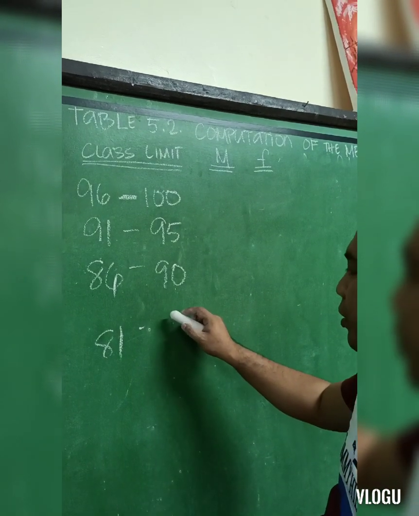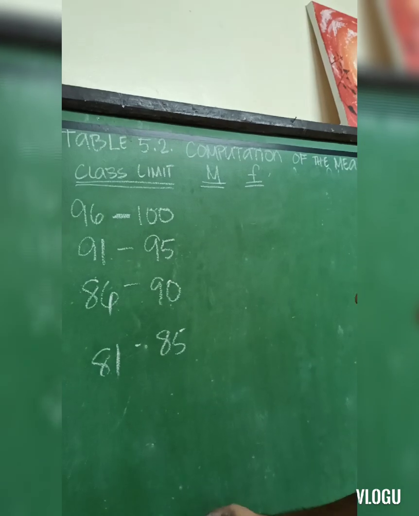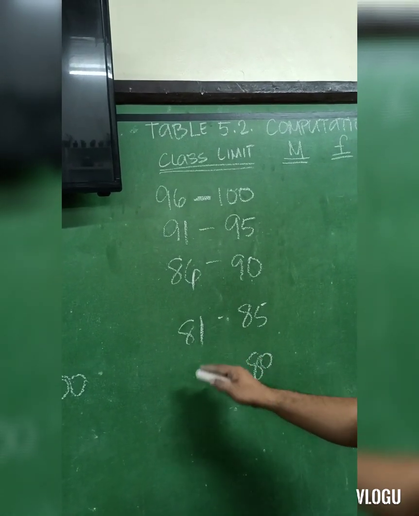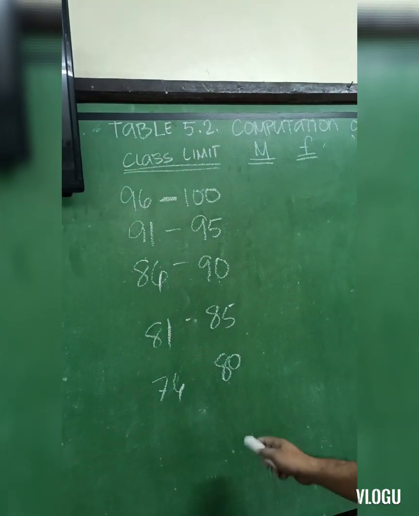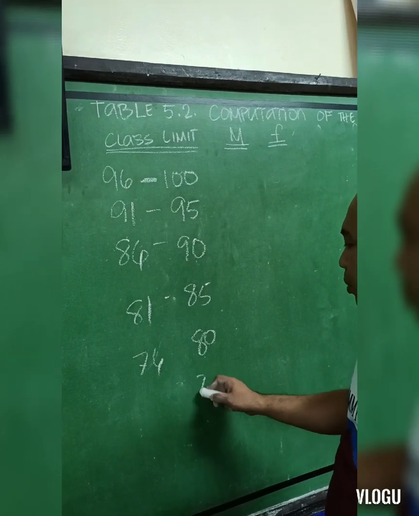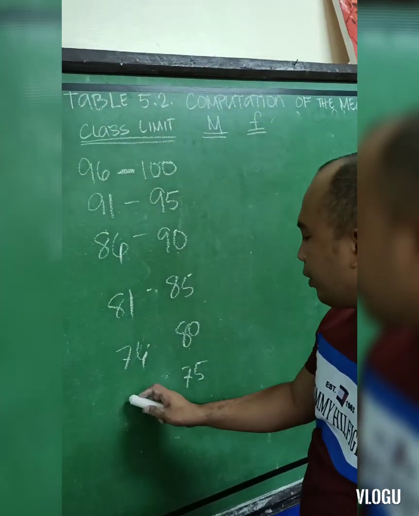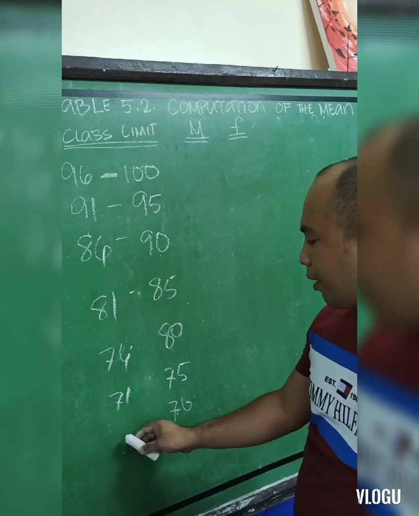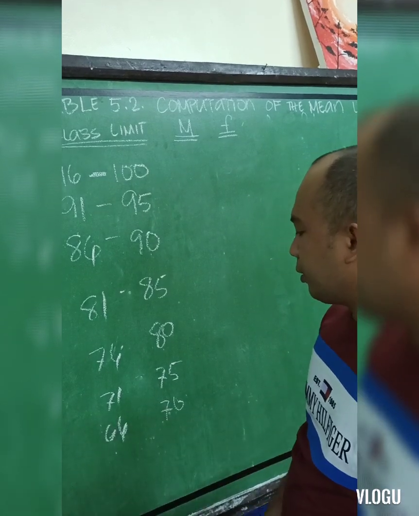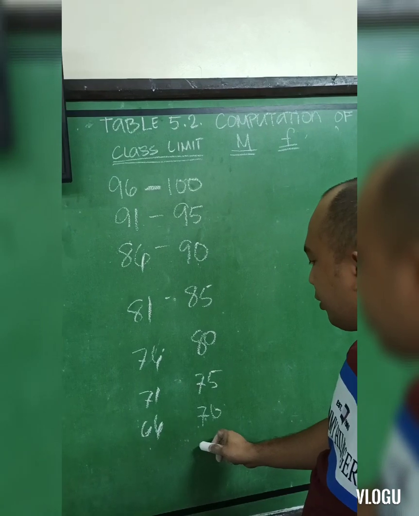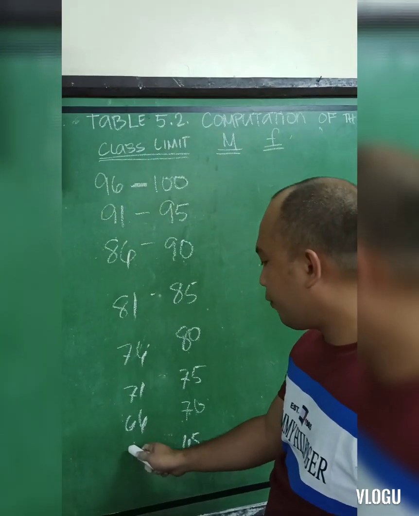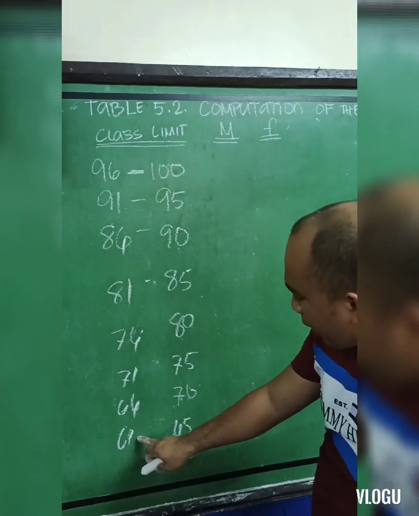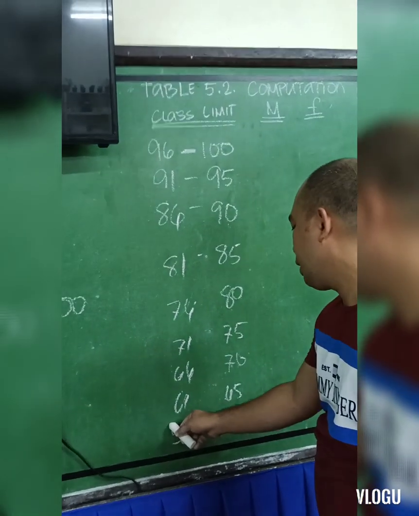90 minus 5 is 85. 85 minus 5 is 80. 81 minus 5 is 76. 80 minus 5 is 75. 76 minus 5 is 71. 75 minus 5 is 70. 71 minus 5 is 66. 70 minus 5 is 65. 66 minus 5 is 61. 65 minus 5 is 60. 61 minus 5 is 56.